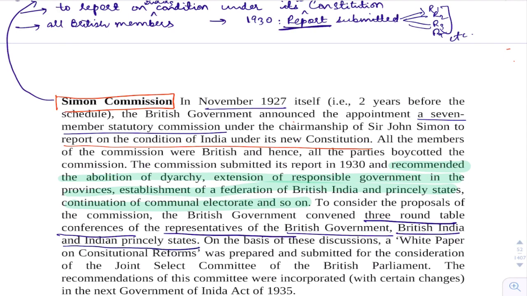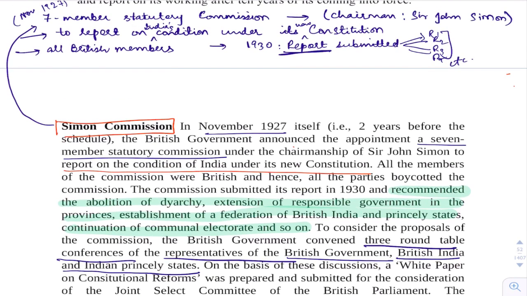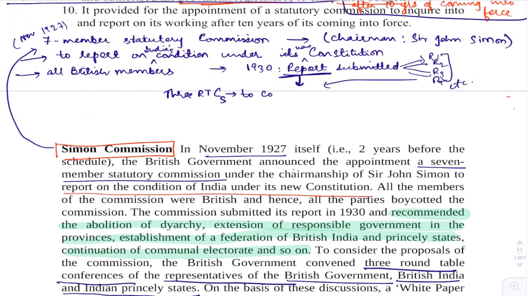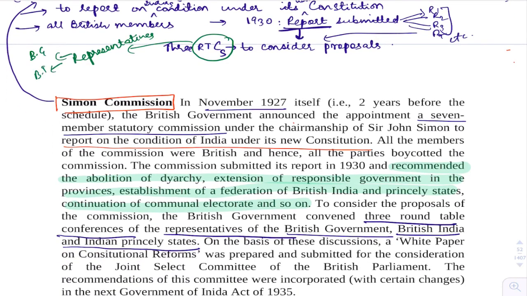So we can write: report submission के बाद recommendations आए, then 3 round table conferences, purpose: to consider proposals. और इस round table conferences में representatives किसके किसके जाने की बात हुई, British government के, then British India के और princely states के.